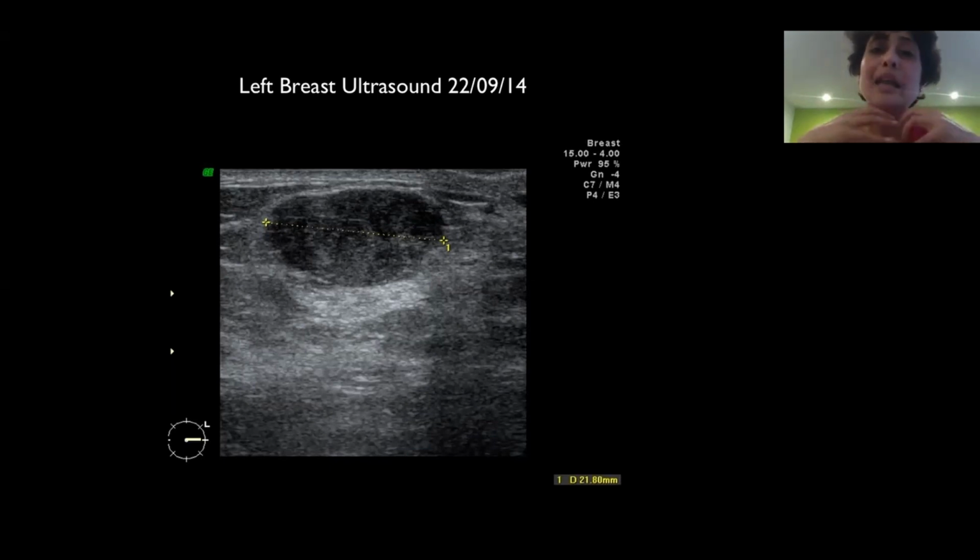It's going along the tissue planes. It lies parallel to the skin. It does not cause any disruption of architecture. It appears to be going along the tissue planes and separating them as it is growing.